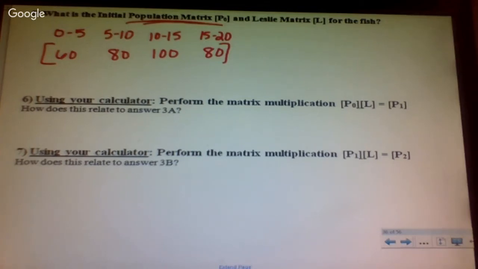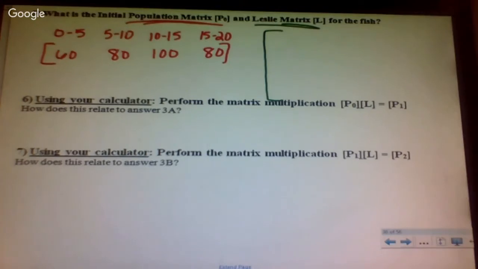We now have to create a Leslie matrix. The first column of your Leslie matrix will always be every one of your birth rates.